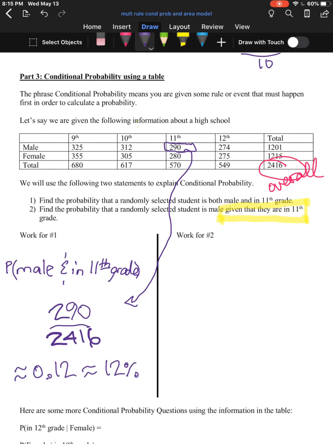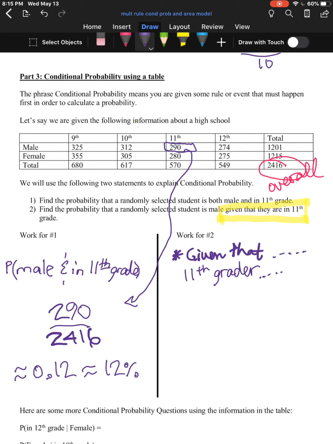So we have, given that the student is an 11th grader, we know that they are in an overall 11th grade pool.